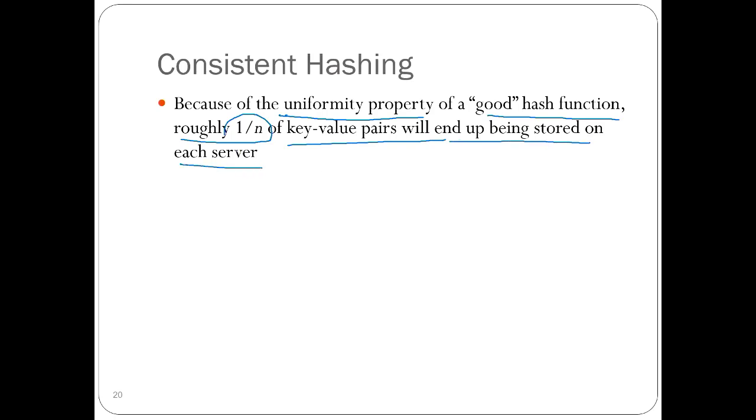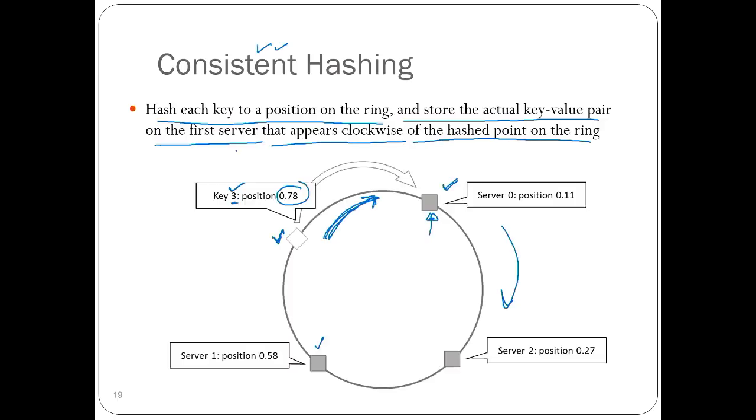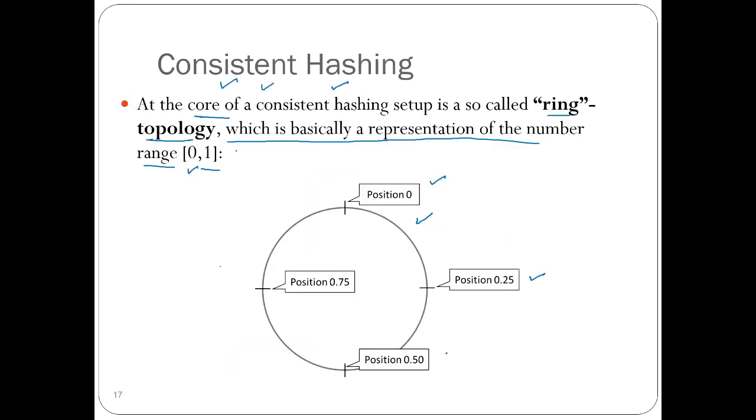Let's assume that the servers we are putting are equally distributed, like this ideal scenario: server 0, server 1, server 2, server 3. All right, 4 servers. Now you can see these regions are equal, 1/4, 1/4, 1/4, 1/4.